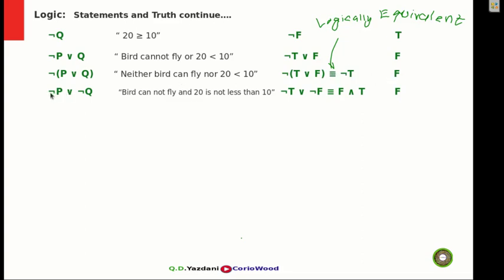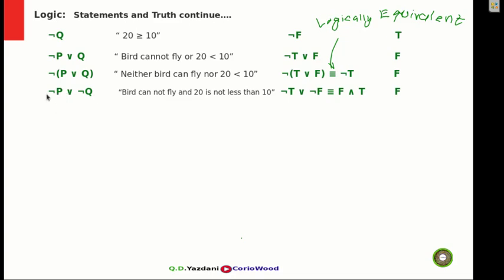Here we have not P or not Q: birds cannot fly, and 20 is not less than 10, which is not true or not false, is logically equivalent to false and true, which makes it false.